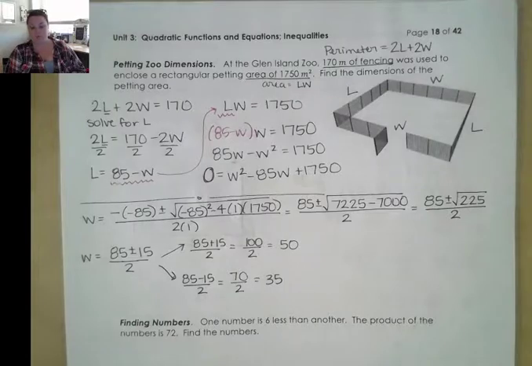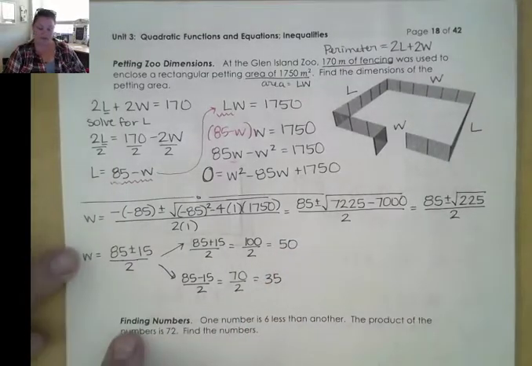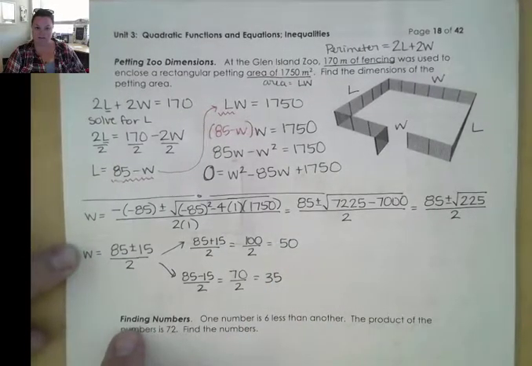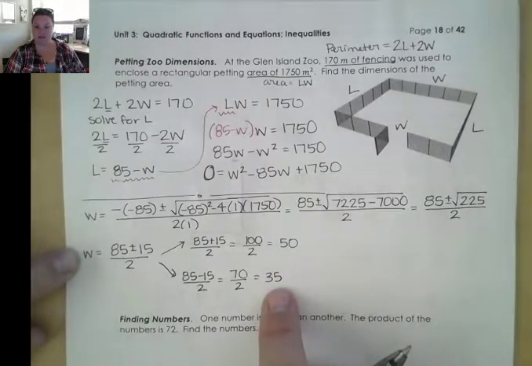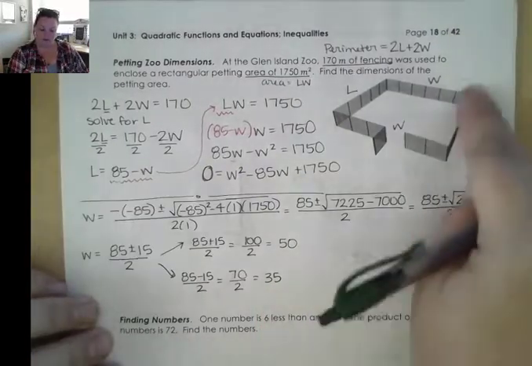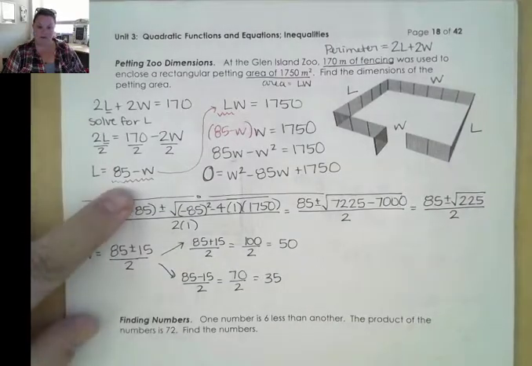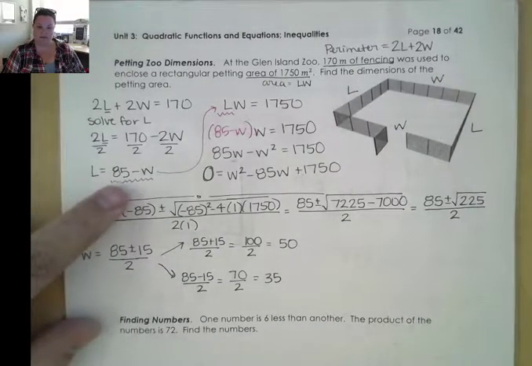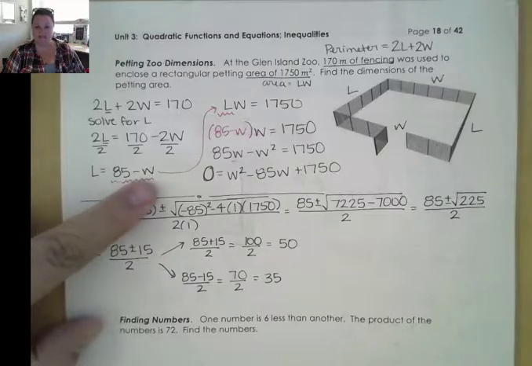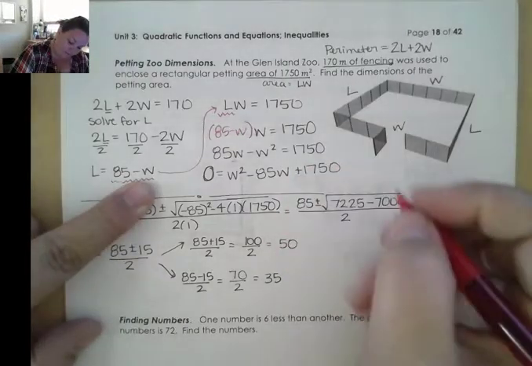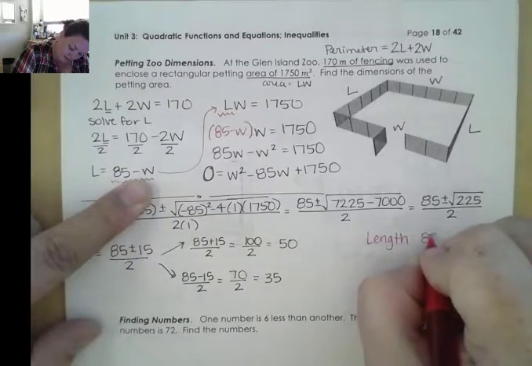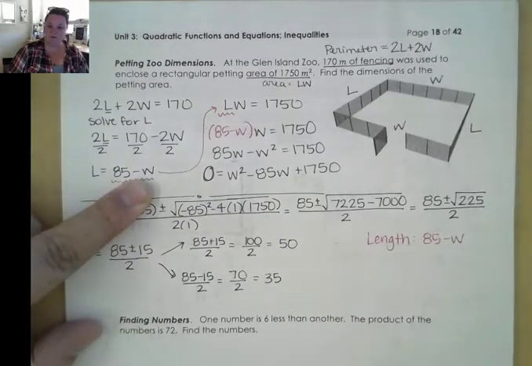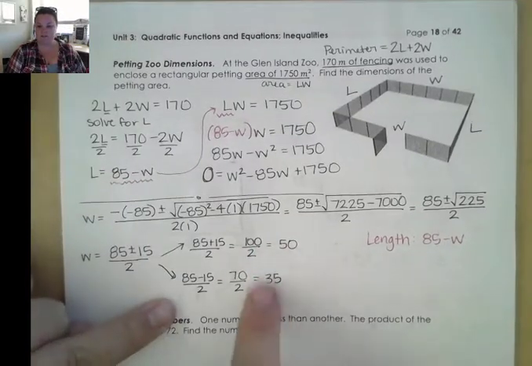So now remember, both of these were answers we were getting for W, right? So they're saying the width could either be 50 or the width could be 35. So we need to know the length, right? We wanted to know the length and the width. And we found up here, remember, that the length is the same thing as 85 minus W. So if I were to find the length, and we do 85 minus whatever we get for W, then we should get two different answers here, right?